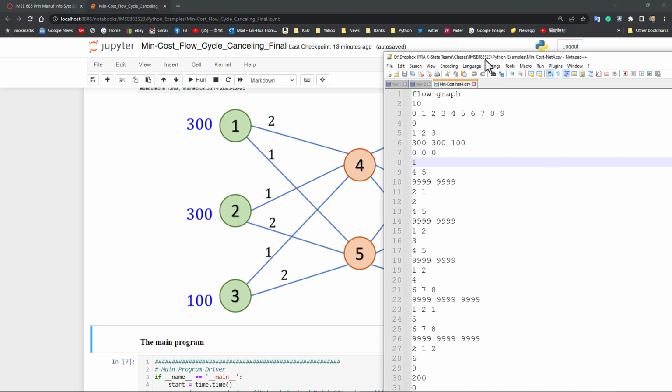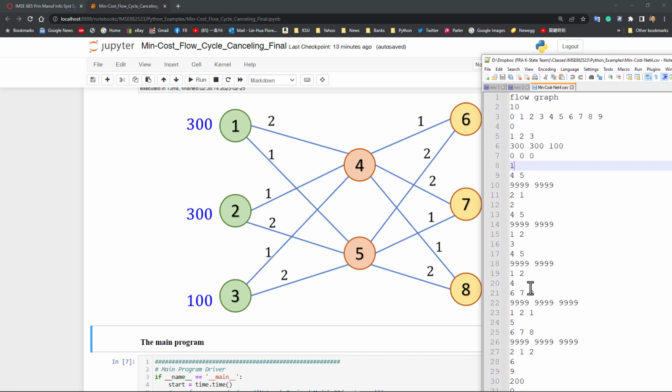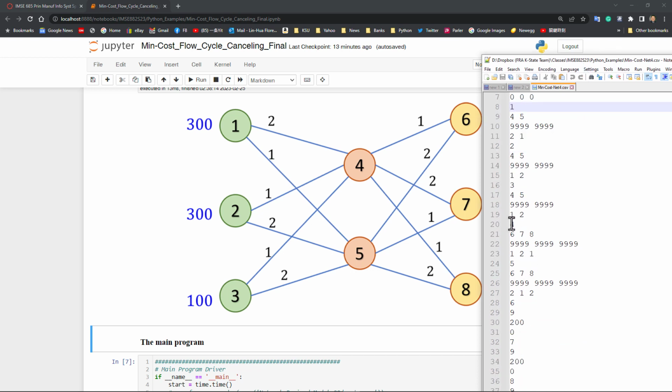Finally, we look at node 4 and node 5. From node 4 we can go to 6, 7, and 8 without any upper bound capacity, and these are the associated costs from node 4 to 6, 7, and 8 respectively. Node 5 is the same thing.